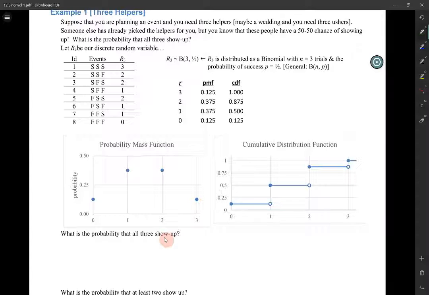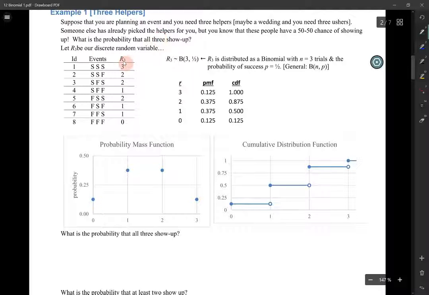If you think about it, we want to use some of the tools that we have available. And so what we say is that R3 is the number that show up out of three.